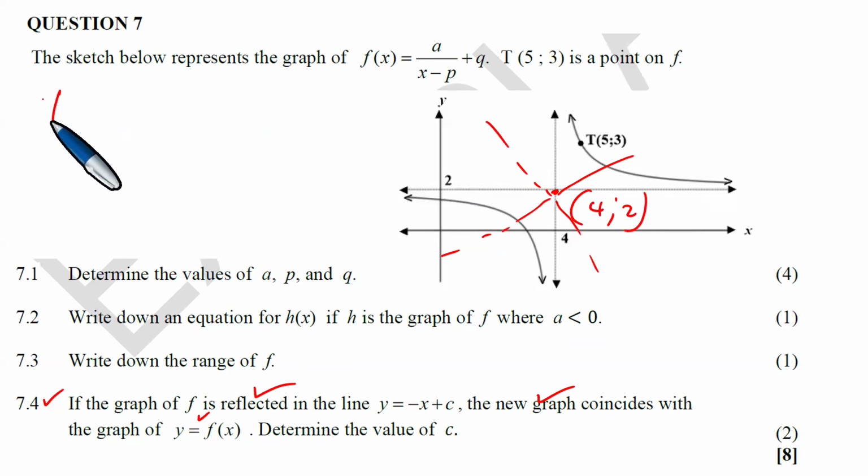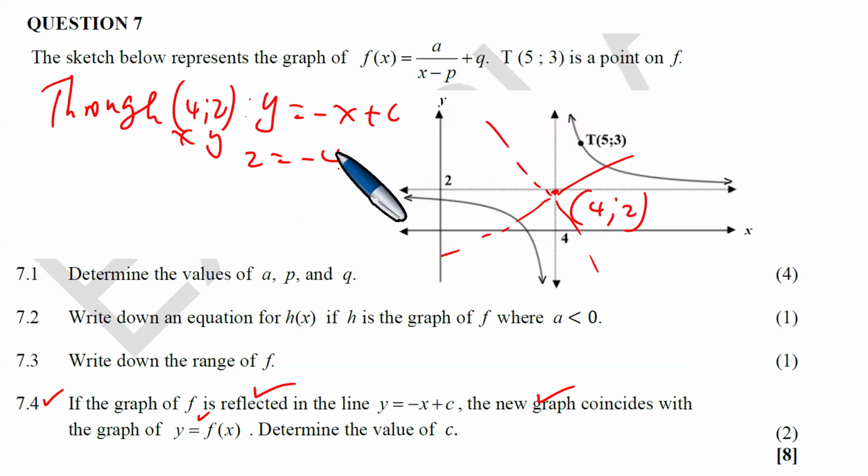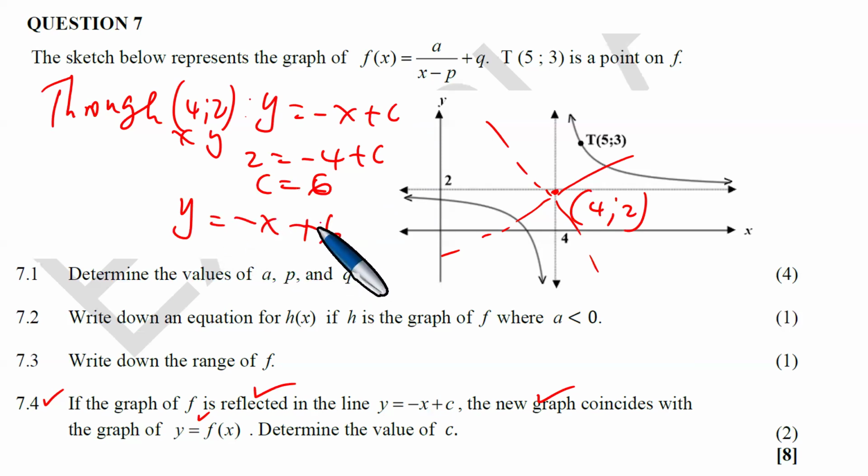So y equals minus x plus c, with x and y, 2 equals minus 4 plus c, c is 6. Y equals minus x plus 6. So obviously, calculate the value of c. The value of c is exactly 6 there.